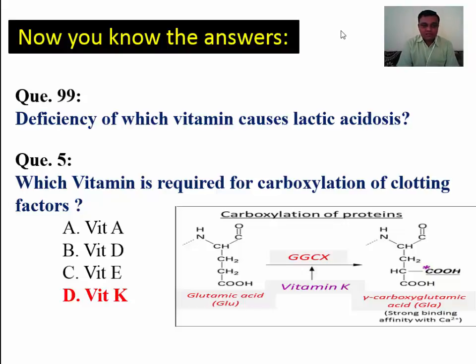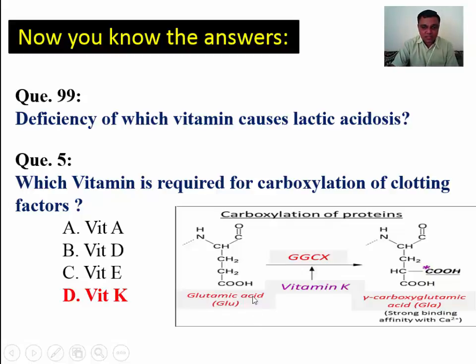Now the next one: which vitamin is required for the carboxylation of clotting factors? Again, I told you all the carboxylation reactions are done by biotin except the carboxylation of clotting factors, which is done by vitamin K. So wherever you find carboxylation of clotting factors, you have to find vitamin K. And vitamin K will cause the carboxylation of glutamate.